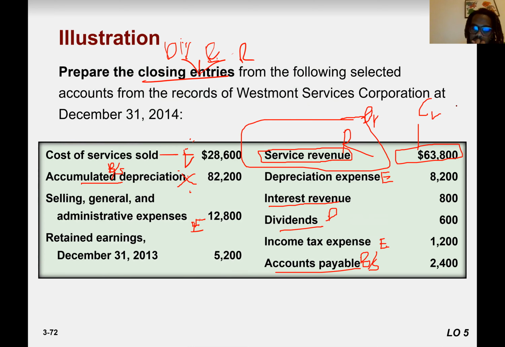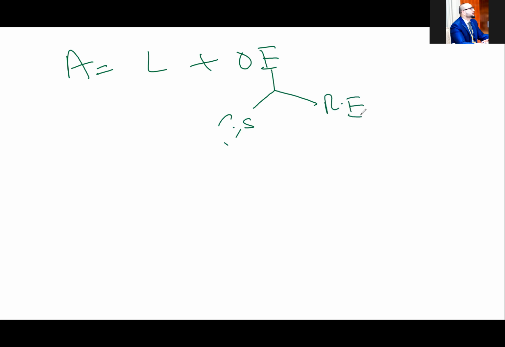Let me repeat one more time. Florian, you really need to watch, and all others, you really need to watch our lecture regarding this one. Assets is equal to liabilities plus owner's equity. Owner's equity consists of common stock and retained earnings, right?